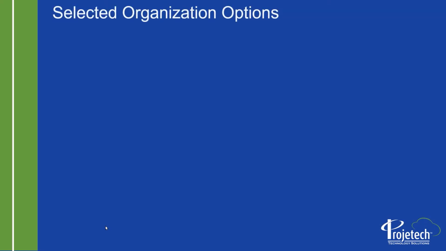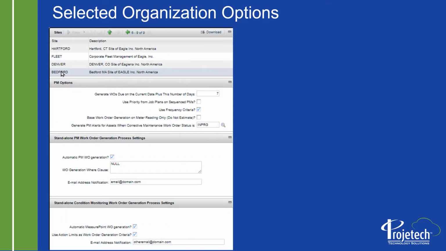Another example. Some of the cron tasks utilize organization options. So first, as I mentioned before, for the PMs, and in this case is the PM organization option. You set these by site, so different sites in your organization can have different rules around the PM work order generation.